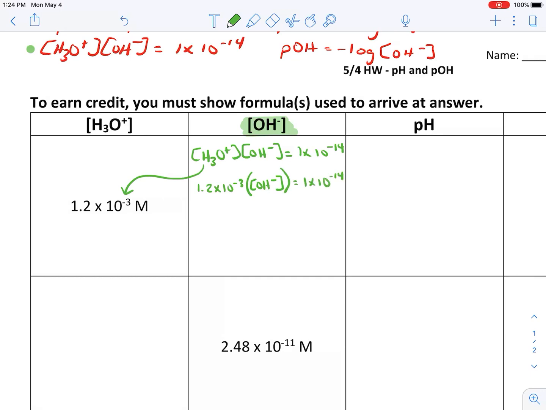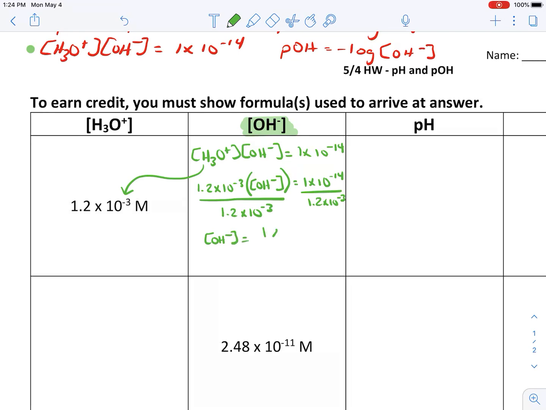To solve for hydroxide ion concentration, we divide each side by 1.2 times 10 to the negative 3rd so the hydroxide ion concentration is by itself.